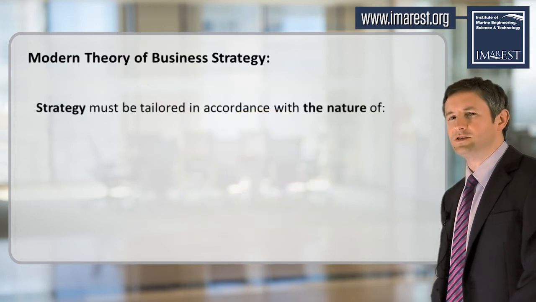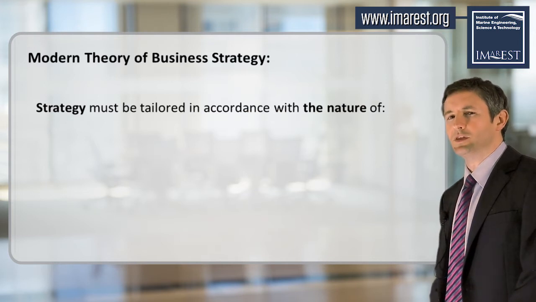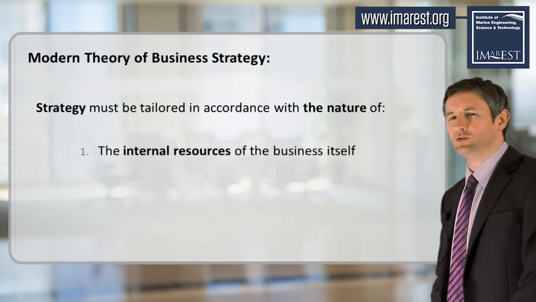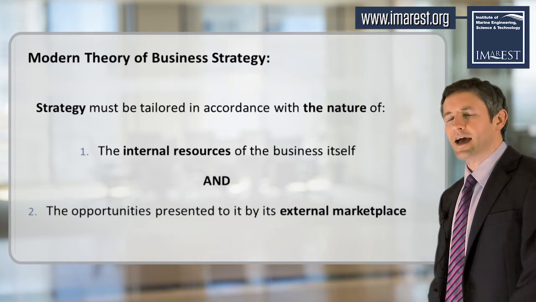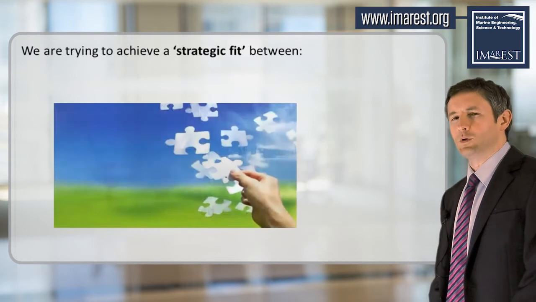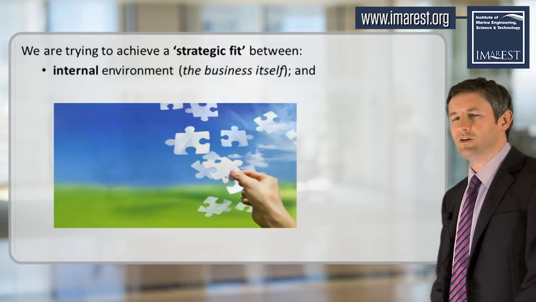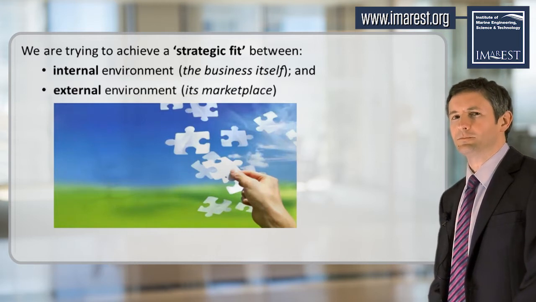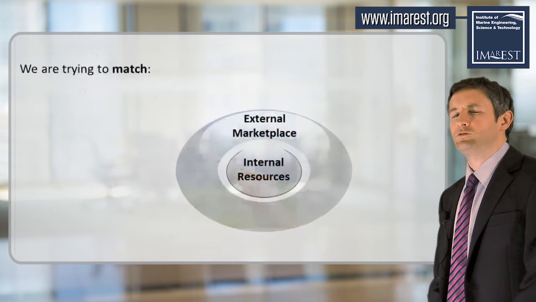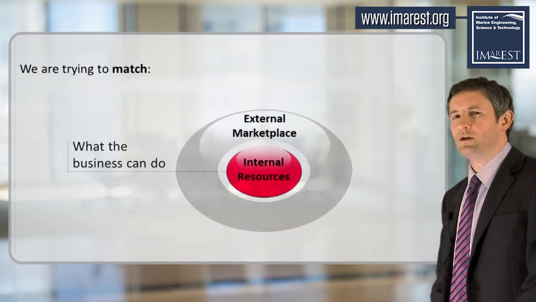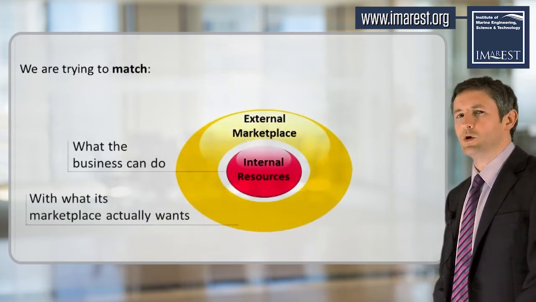And therefore strategy must be tailored in accordance with the nature of the internal resources of the business itself and tailored in accordance with the opportunities that are presented to it by its external marketplace. So we are trying to achieve what is sometimes referred to as a strategic fit between the internal environment, which is the business itself, and the external environment, its marketplace. We're trying to match what the business can do with what its marketplace actually wants.